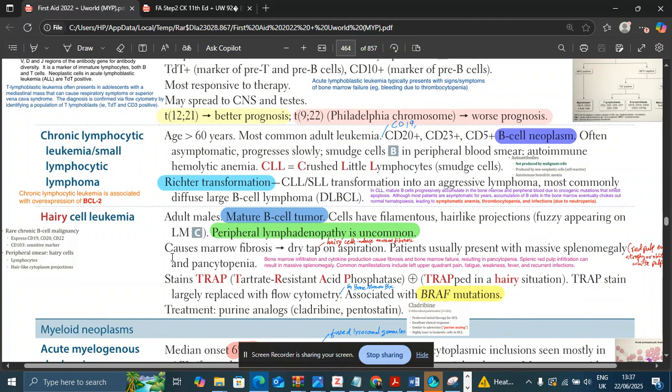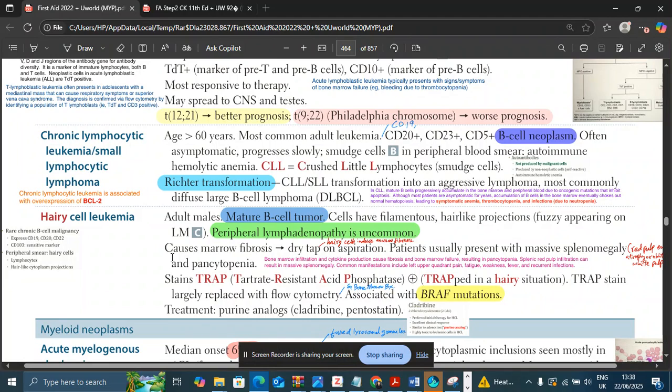When there is bone marrow infiltration and cytokine production, it causes bone marrow fibrosis and then bone marrow failure. Whenever there is bone marrow failure, it results in pancytopenia. Pancytopenia means anemia, leukopenia, and thrombocytopenia.